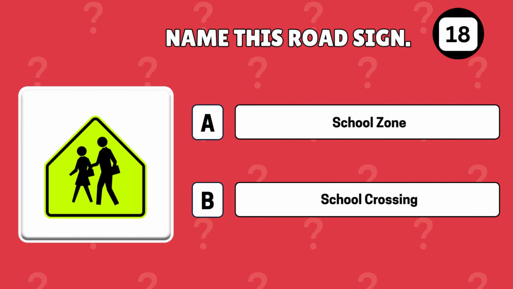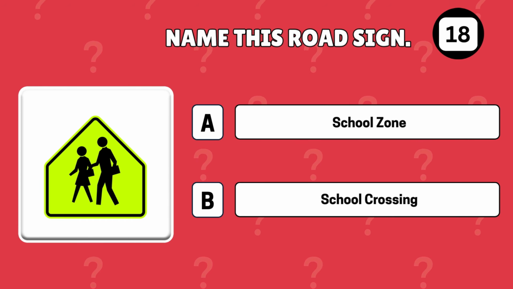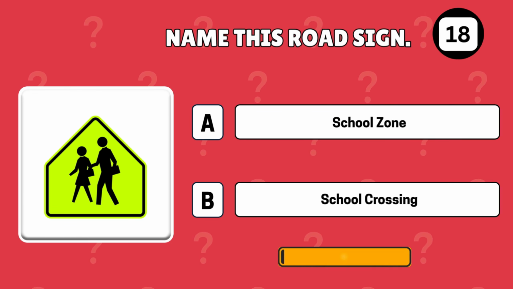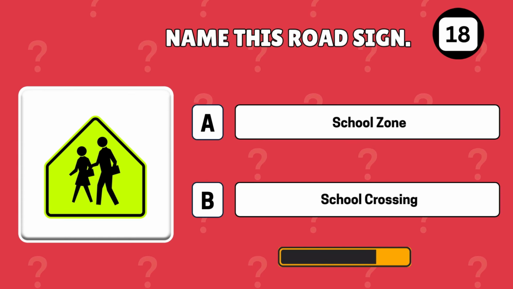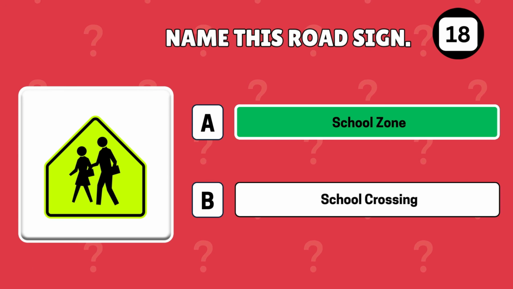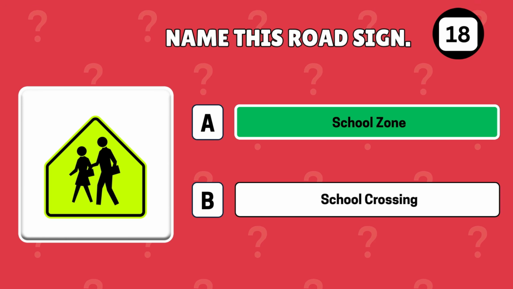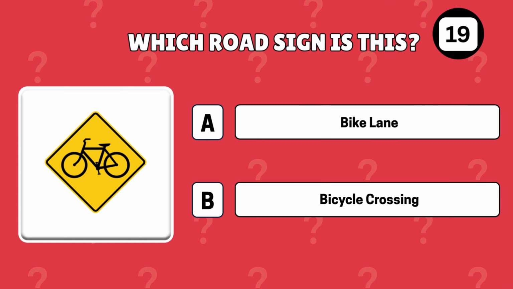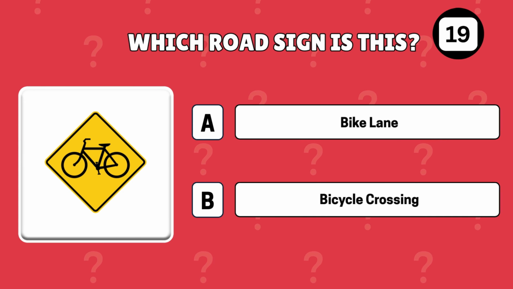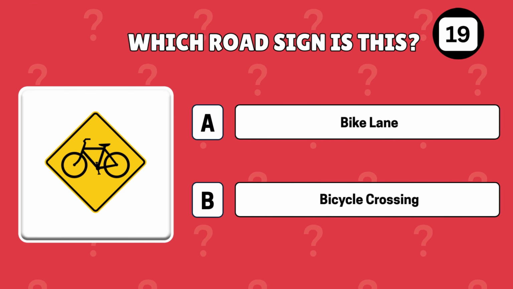Name this road sign. A. School zone. B. School crossing. Well done. This is the school zone sign. Which road sign is this? A. Bike lane. B. Bicycle crossing.